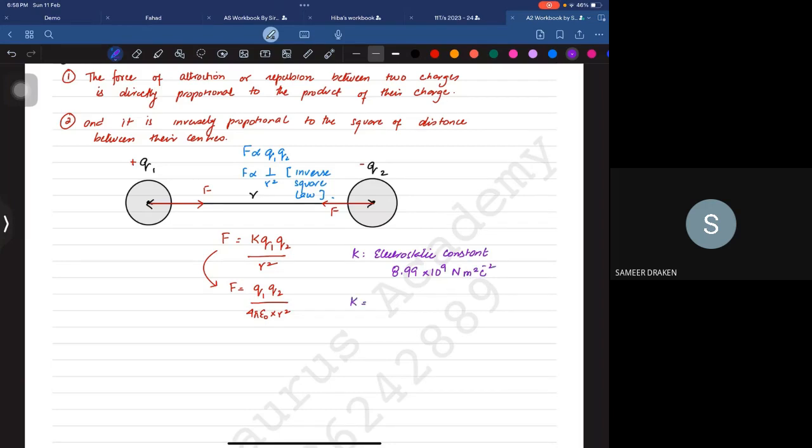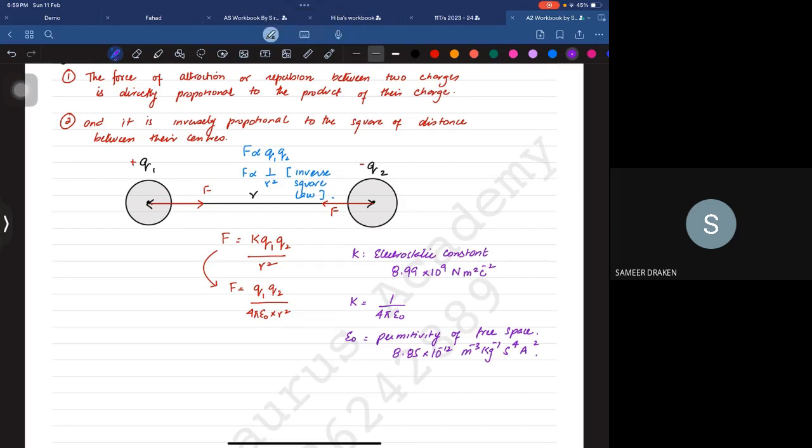K itself belongs to 1 upon 4 pi epsilon, where this epsilon is called the permittivity of free space, which is 8.85 times 10 raised to power negative 12 meter minus 3 kg minus 1 second 4 ampere 2.